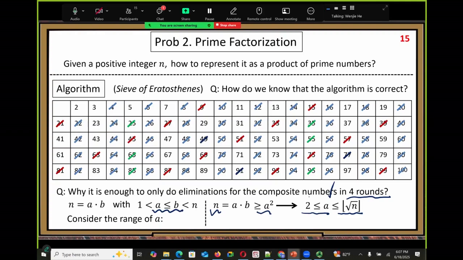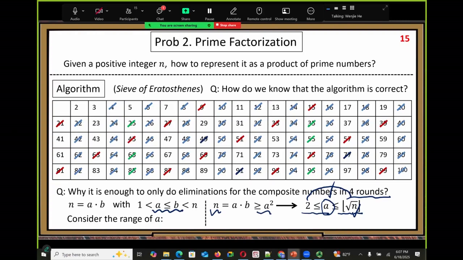Because N is given, this is the range for A: between 2 and the floor of the root of N. That's the range for the smaller factor of N.